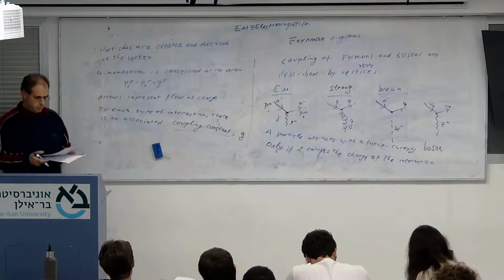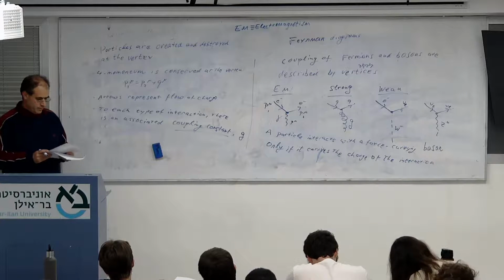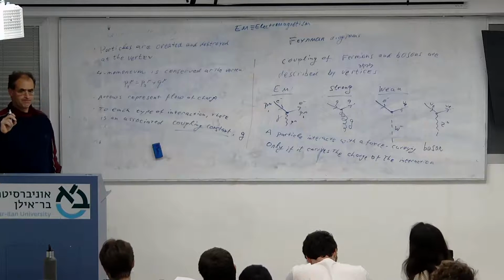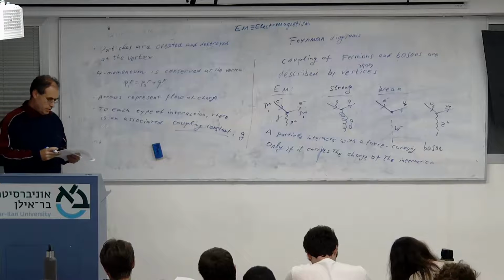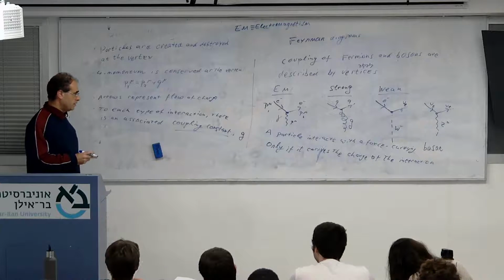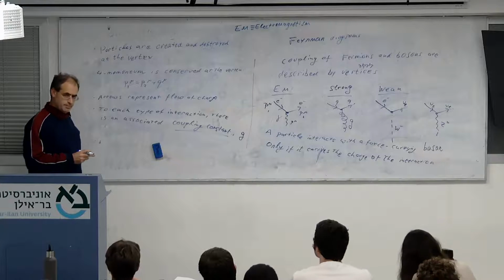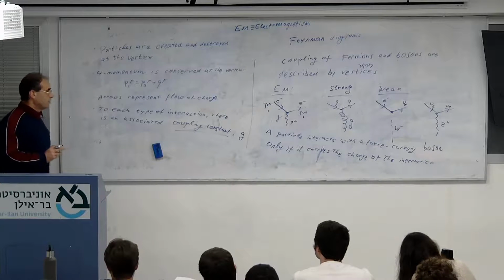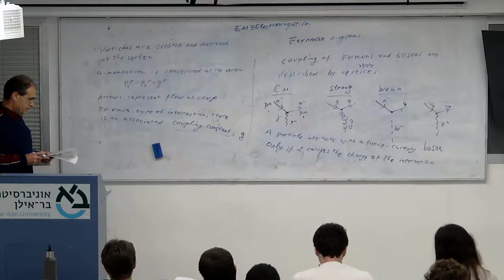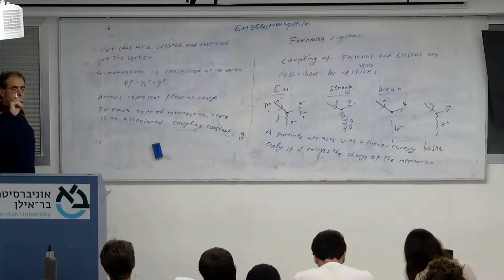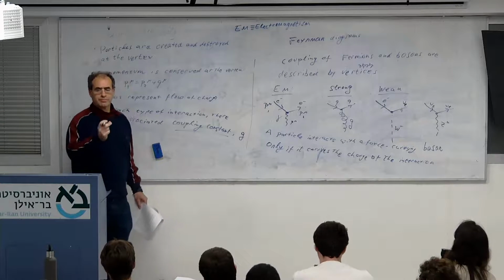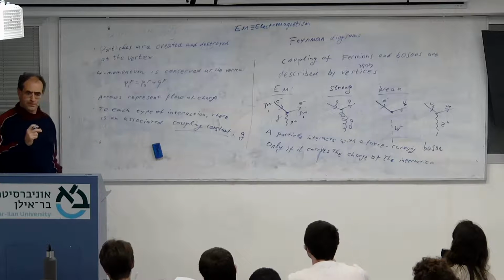It represents the strength of the interaction. You can think of it as the probability of this fermion to emit or absorb a photon, for example.